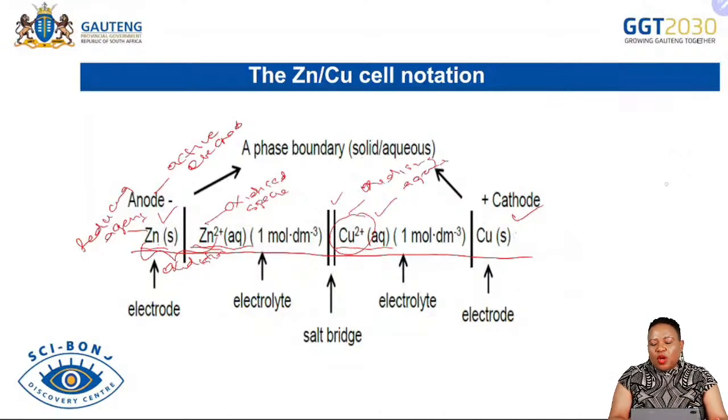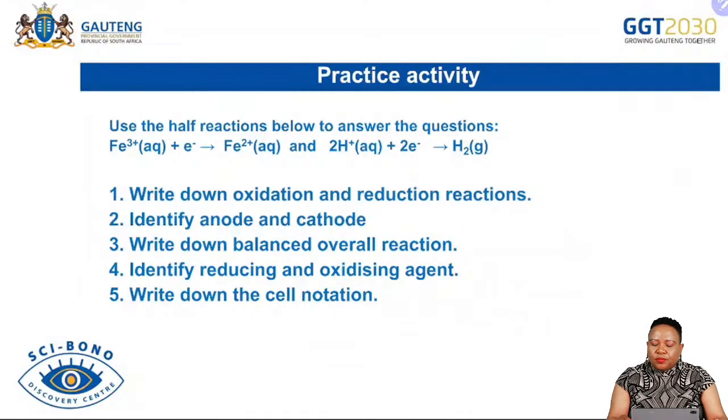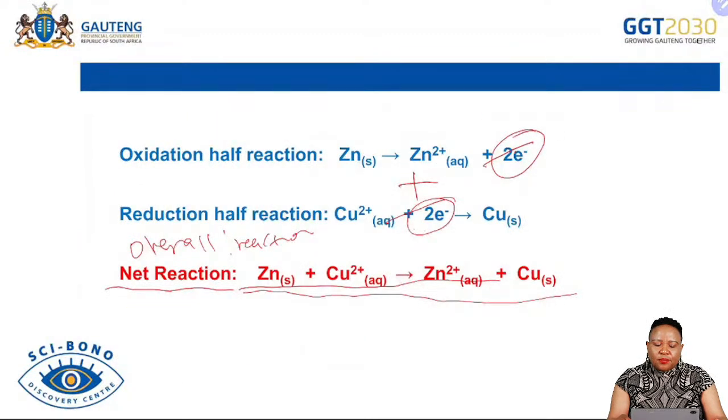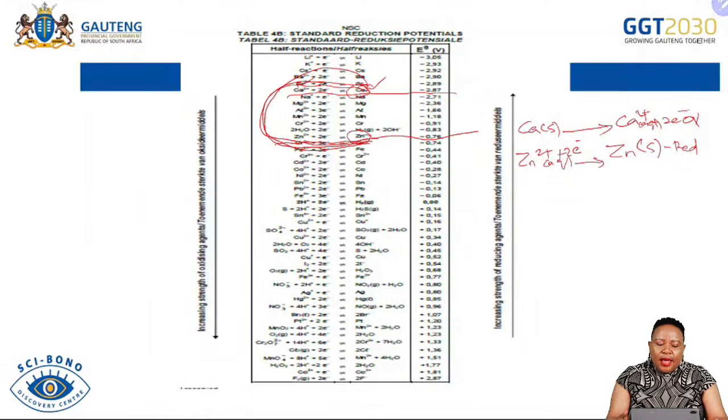Now there are times where you find that a half cell doesn't have, let me just go back a little. There are times where you'll find that your half cell doesn't have an electrode, doesn't have a solid, like this one, the chromium 2 plus, chromium 3 plus half cell.